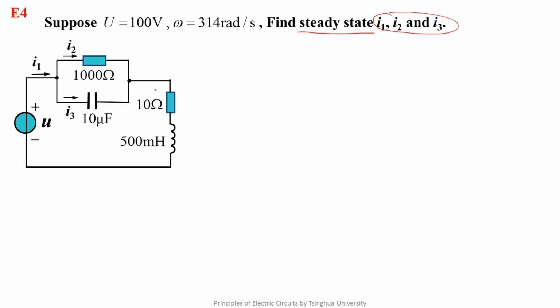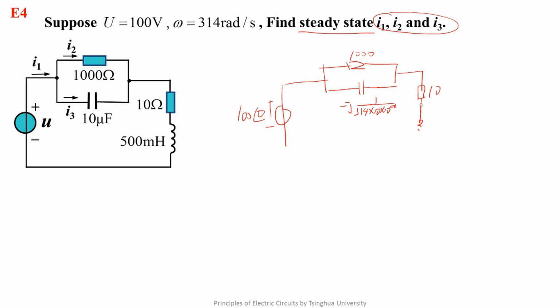In order to solve this circuit, we need to transform the original circuit into an SS model. It's like this. For the capacitor, its reactance is this.